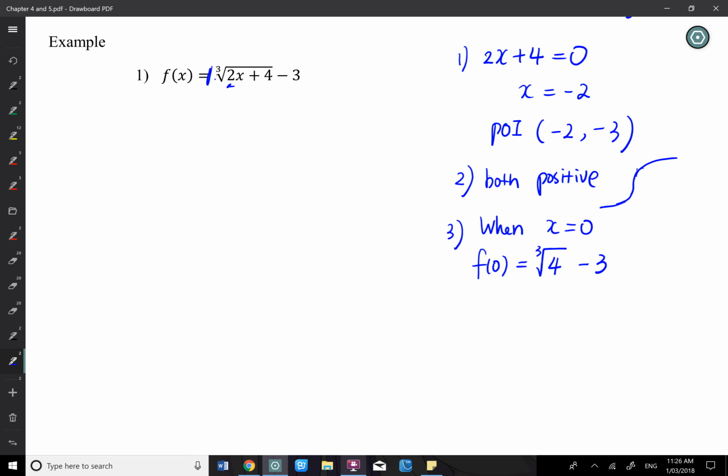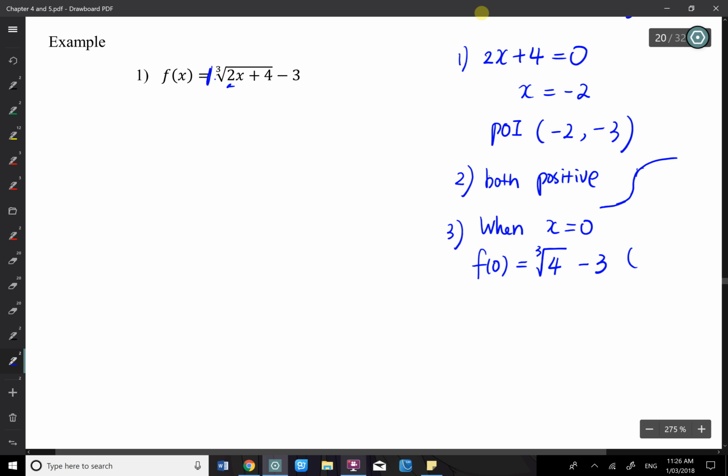You don't need to know how large it is, but it will be negative. Can everyone see that? Because cube root 4 is definitely some number 1 point something. It's not going to reach 2; if it's 2, the inside will be 8. So 1 point something minus 3 will be a negative number. So just remember that's a negative y-intercept. That's all I need.